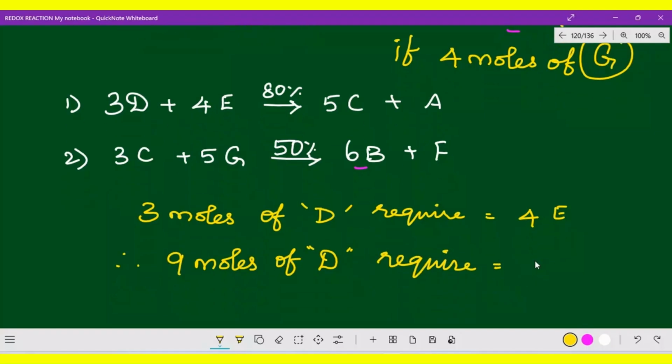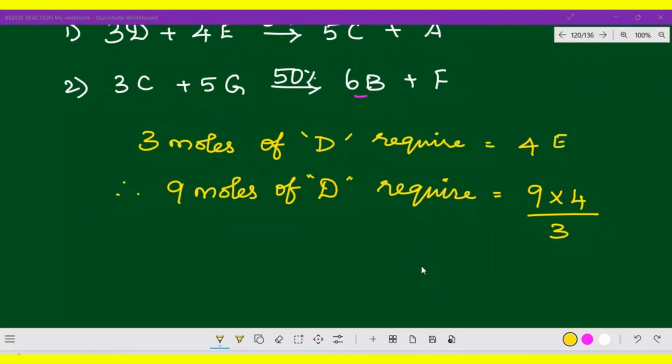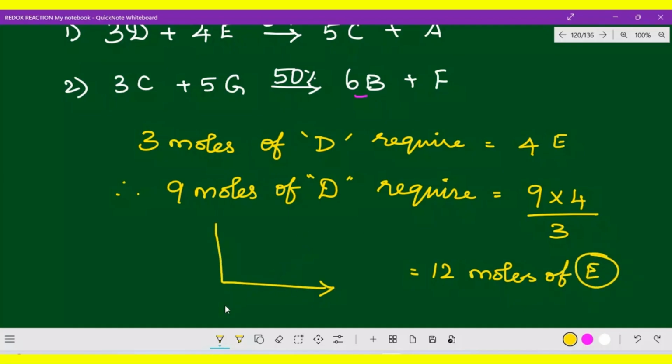So cross multiplication: 9 into 4 divided by 3. So we will get 12 moles of E. Hope you got the idea of how we go for it. So 9 moles of D require 12 moles of E.